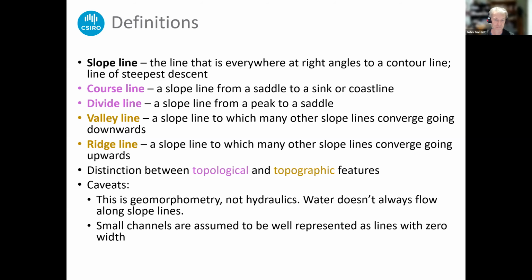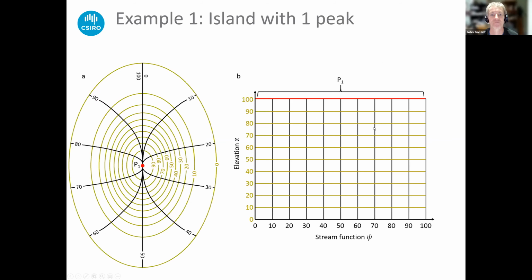And an important point to note is we're talking geomorphometry, not hydraulics here, and water doesn't always flow along slope lines, but that's the assumption that's made for this kind of analysis. Also, we assume that small channels can be well represented as lines with zero width, so we essentially allow slope lines to converge onto a single line. So I'm going to ask you to remember those tools, because I'm about to lead you into a new space where you're going to need them.